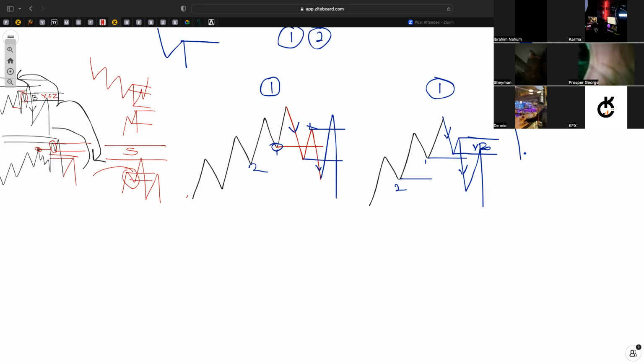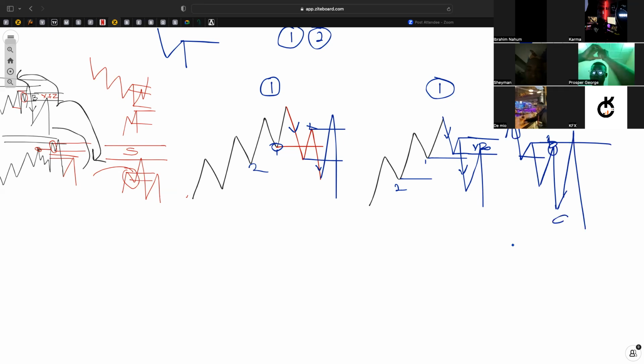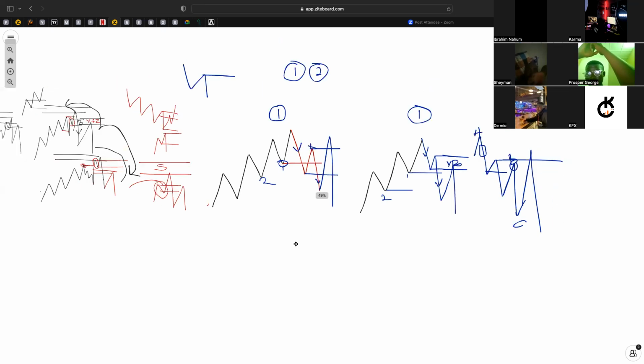So this is A, B, and C. Which means what? I will look at what is going on here, then use this B leg after selling from this first base to target external liquidity, then sell off. Does that make sense, guys? Yeah, makes sense. Yes. Okay.